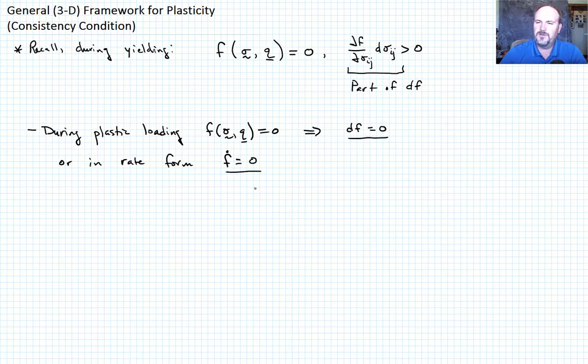So either of those essentially mean the same thing, and this requirement is what's known as the consistency condition.